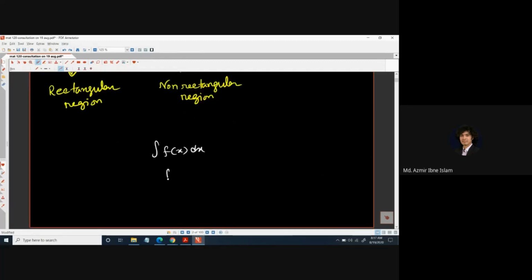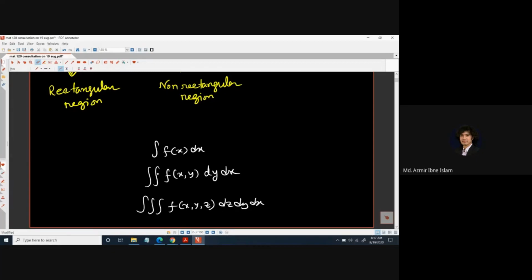For a double integral we can extend our idea as double integral of f of x, y dy dx. For a triple integral it will be f of x comma y comma z dz dy dx.